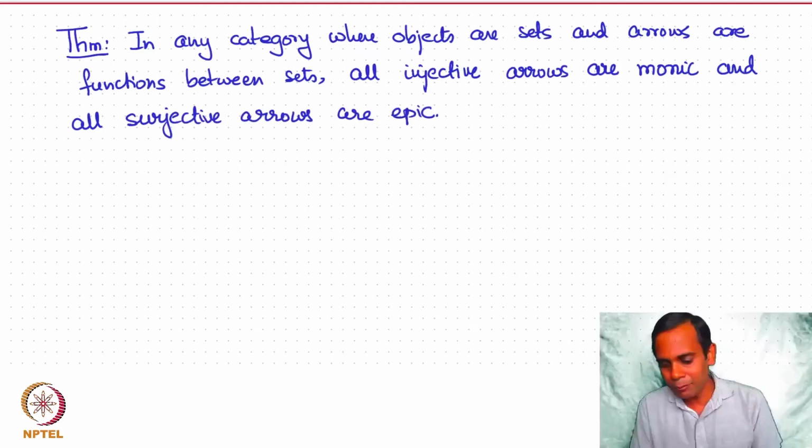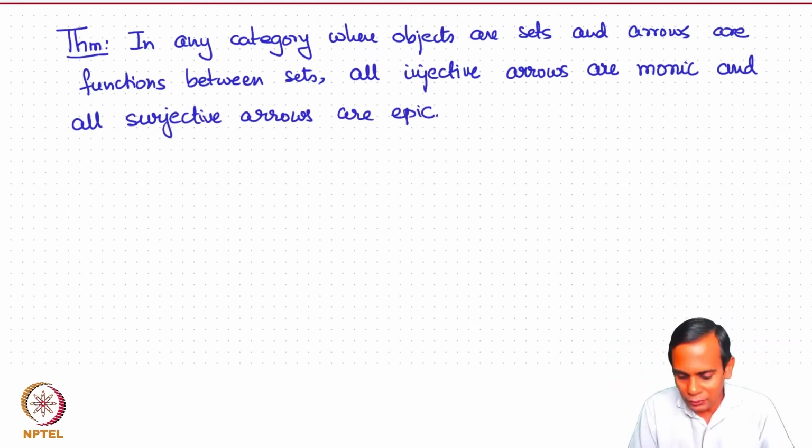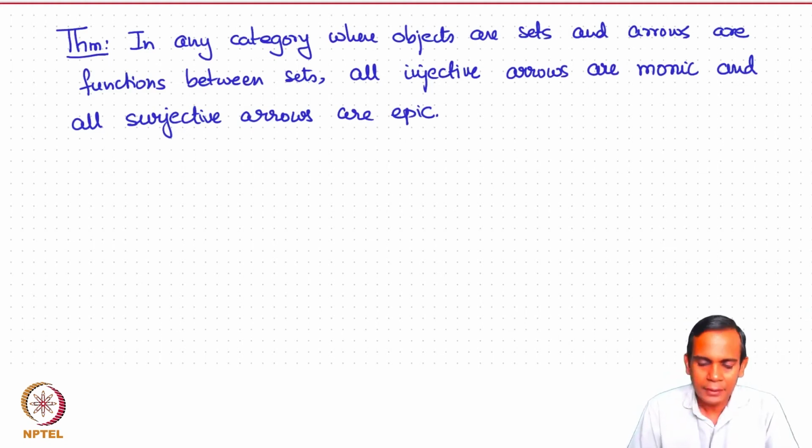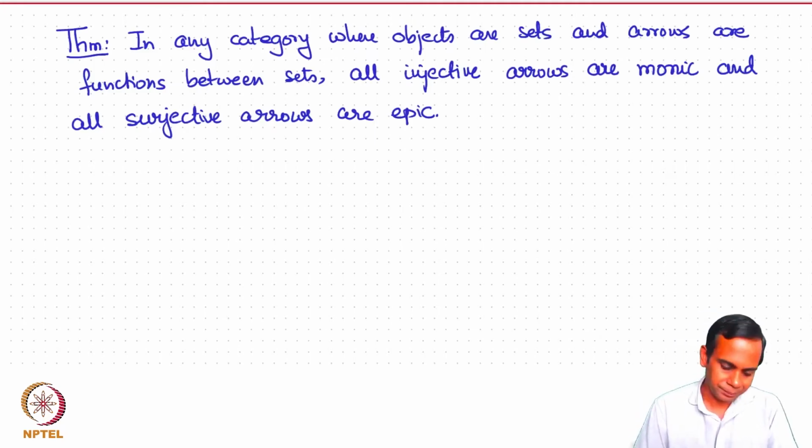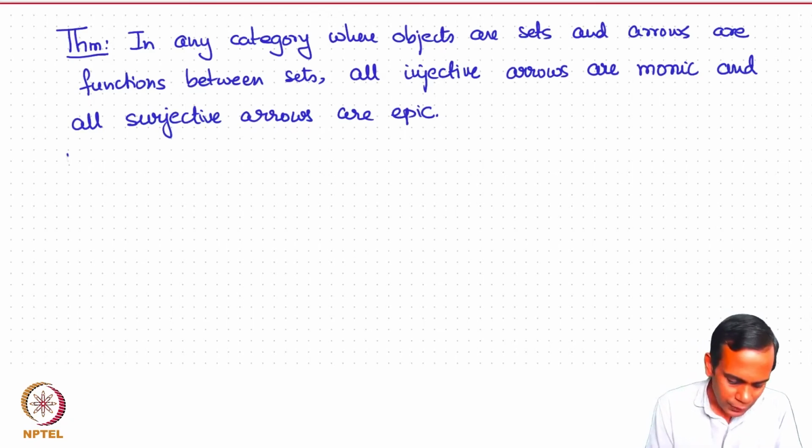Note that I have not claimed the converse. It in fact turns out to be false. It's not true that every monomorphism in such a category is injective, and it's not true that every epimorphism in such a category is surjective. But this part is fairly easy to prove.